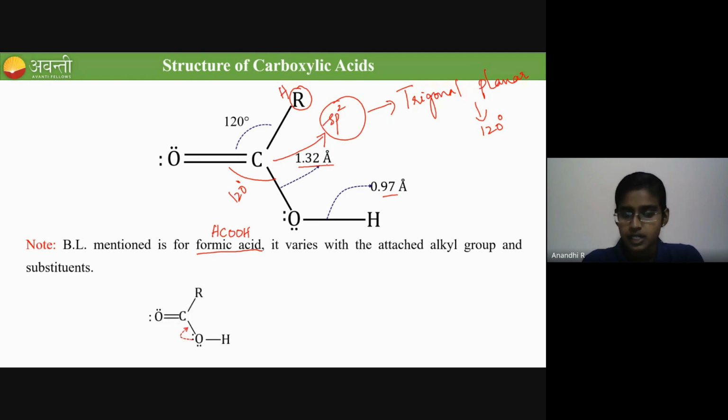So here, the lone pair which is present on the oxygen is getting delocalized. The oxygen lone pair shifted to the carbon, and those electrons present in the double bond are getting transferred to the oxygen at the terminal. From this, we get one more resonance structure for this carboxylic acid.